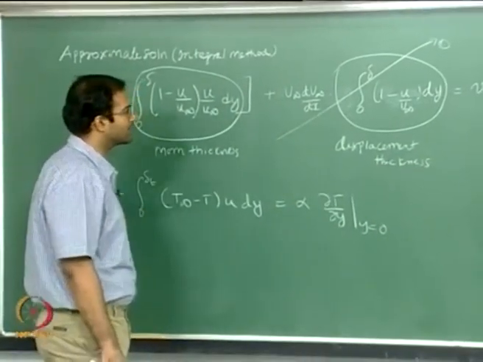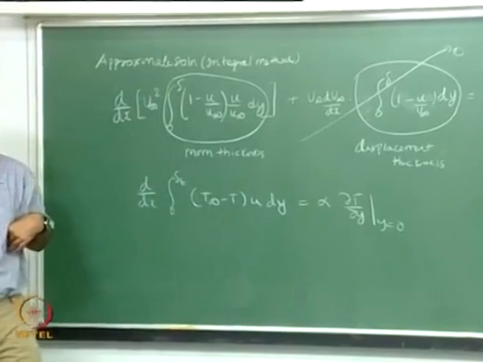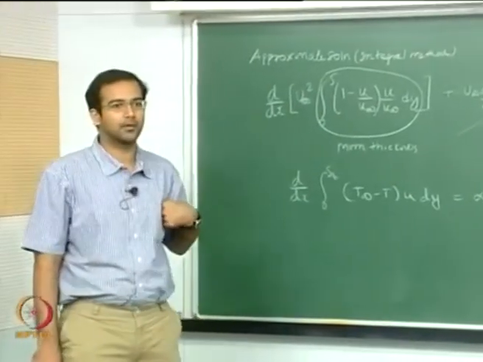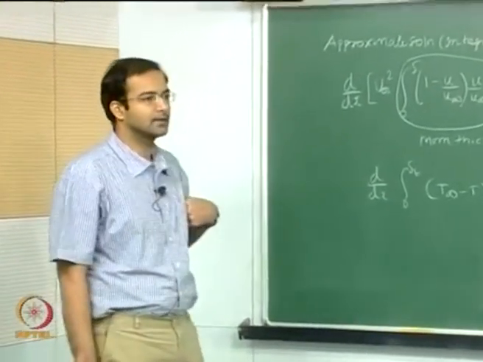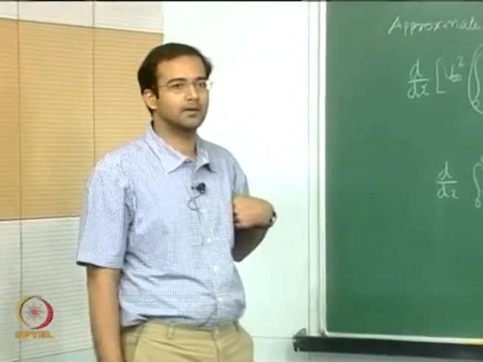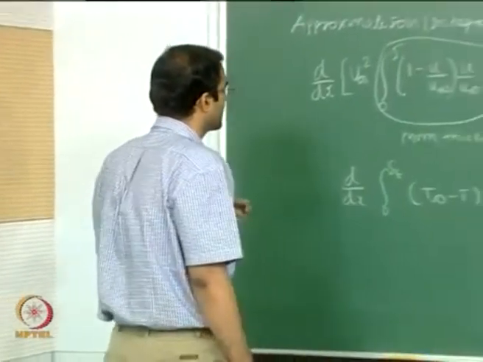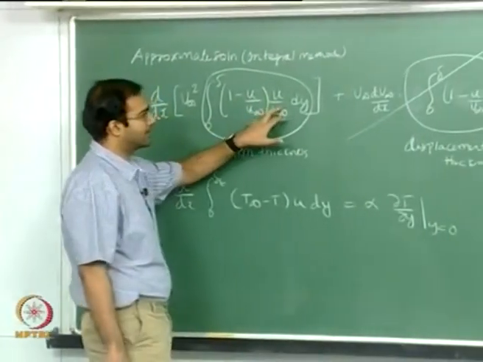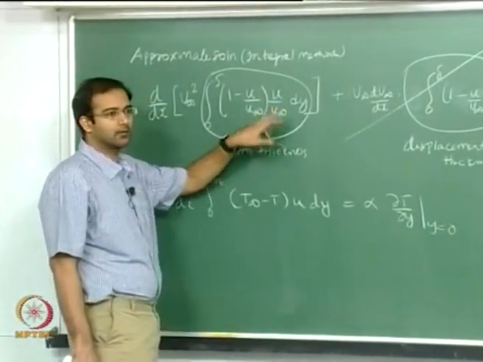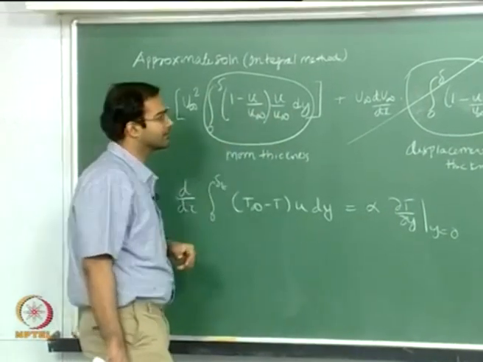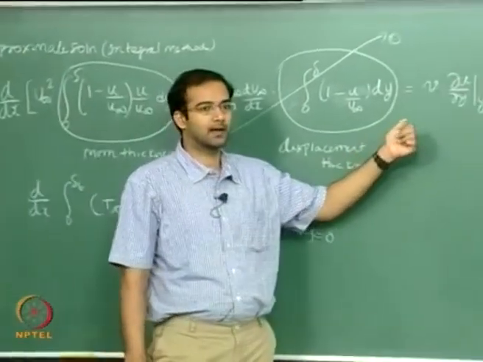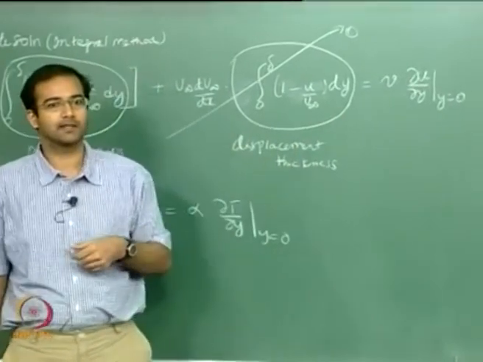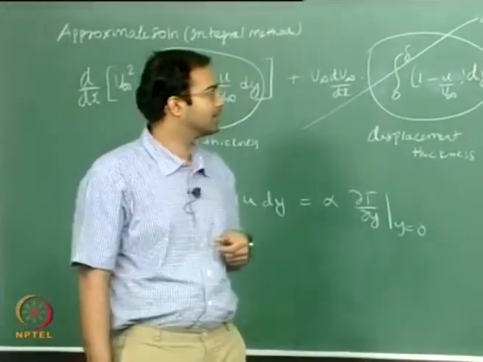We use the integral form here because we will guess some approximations for velocity in terms of polynomials, maybe linear, quadratic, cubic, fourth order, whatever. We will substitute that into this and integrate it over the entire boundary layer thickness, and we will find an expression for calculating the boundary layer thickness delta from here.